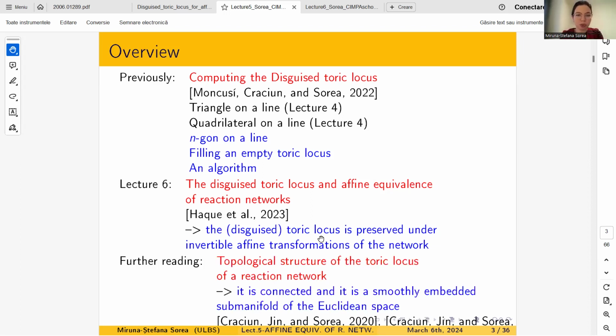I was planning also to talk about the topological structure of the toric locus, because there are two preprints where, together with Craciun and G, we studied the toric locus topologically. Probably there is not time for that, and I invite you to read them. Essentially, we showed that the toric locus is connected, and even more, it is a smoothly embedded submanifold of Euclidean space. That's just an invitation to further reading.